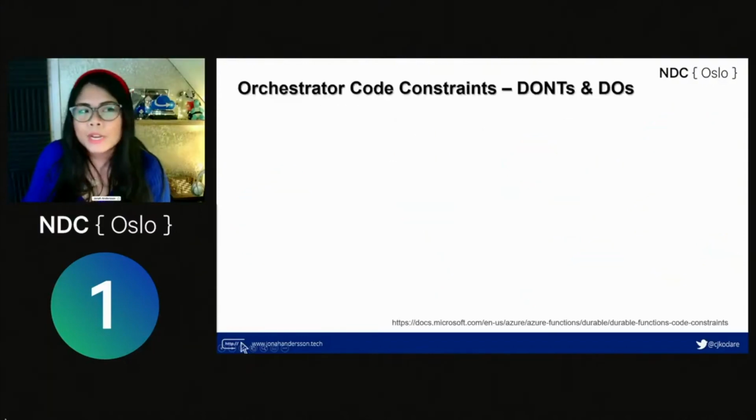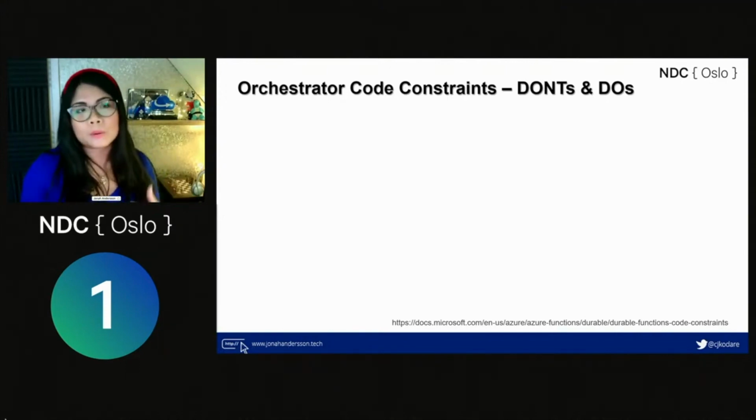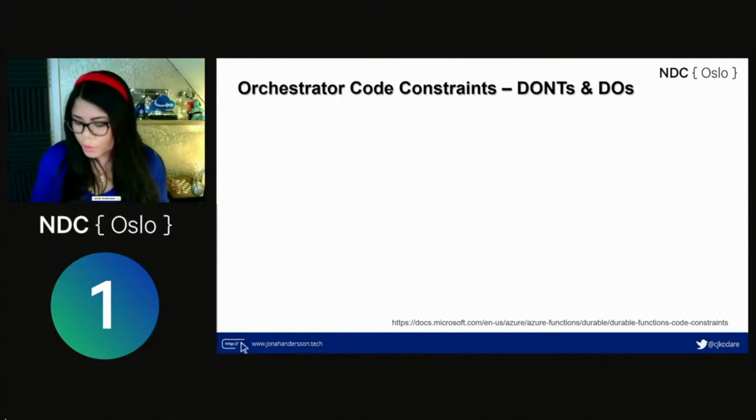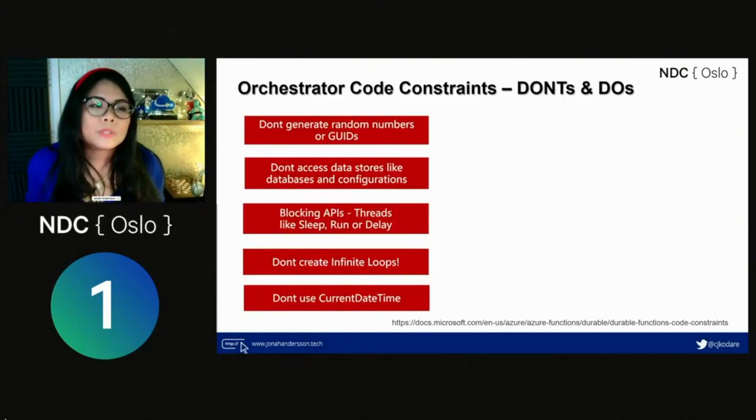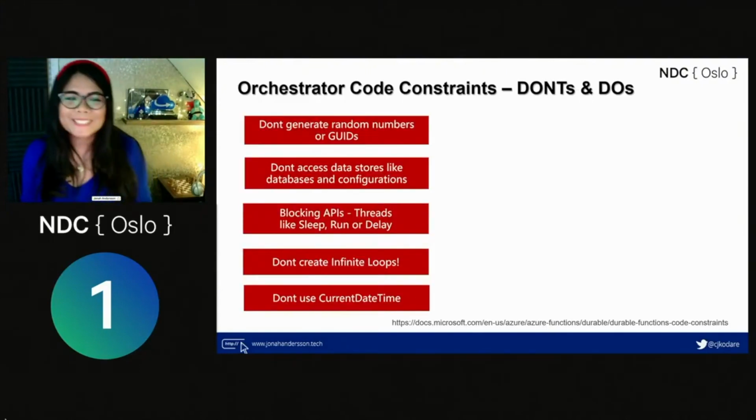And here are the orchestrator code constraints, which means there are do's and don'ts that are good to know before you start coding durable functions. So the first red, it's very red.